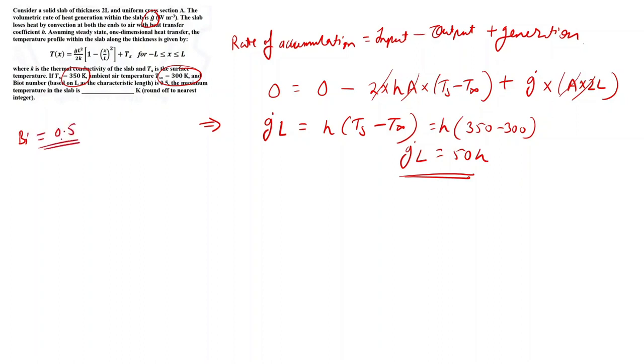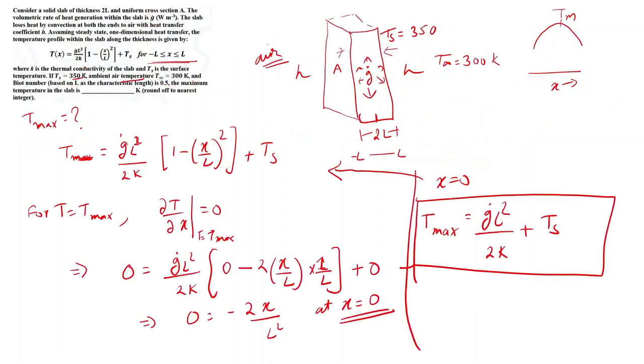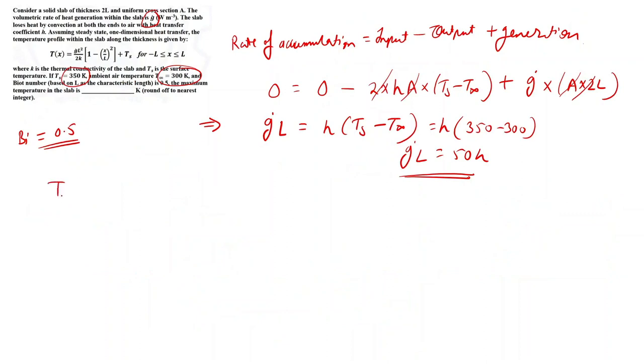Biot number is 0.5. Now Tmax we have already found using this equation, that is G dot L square upon 2K plus Ts.